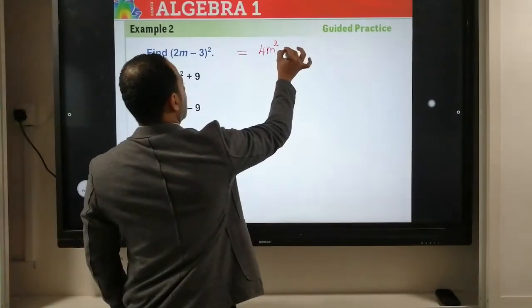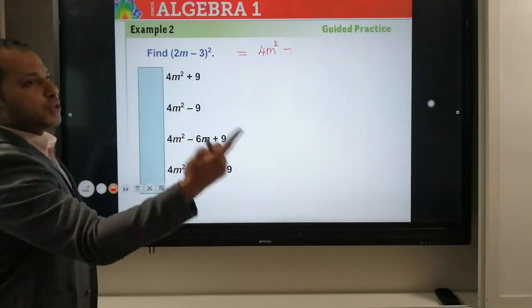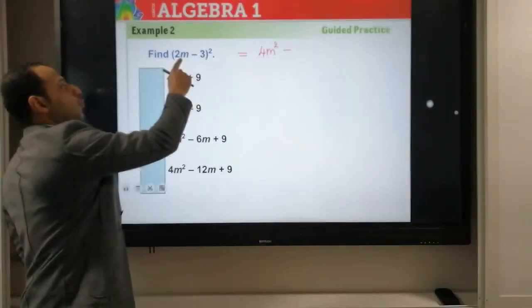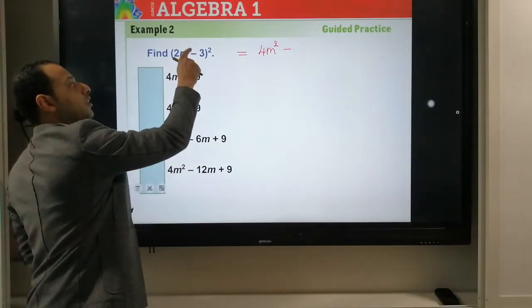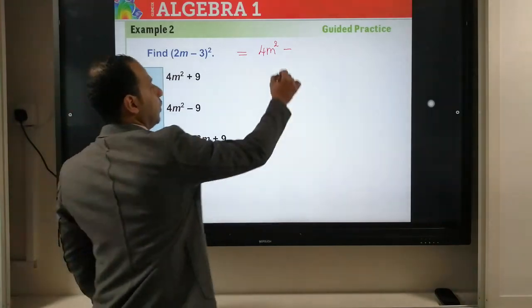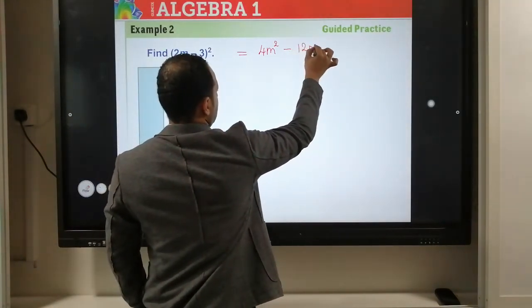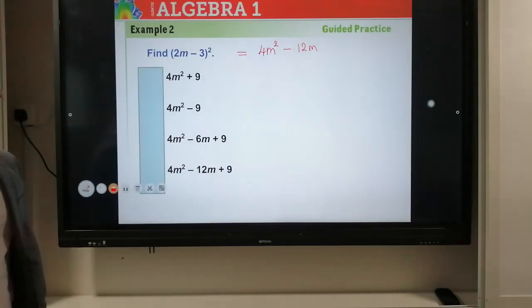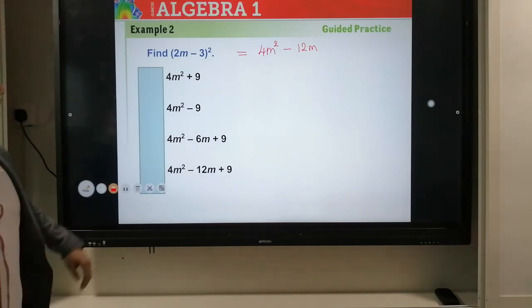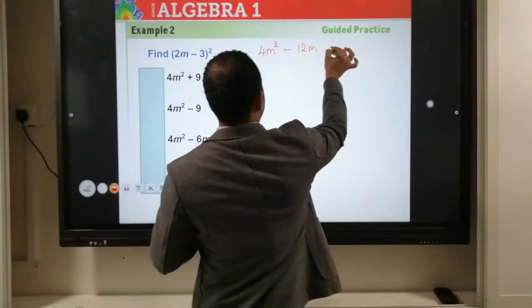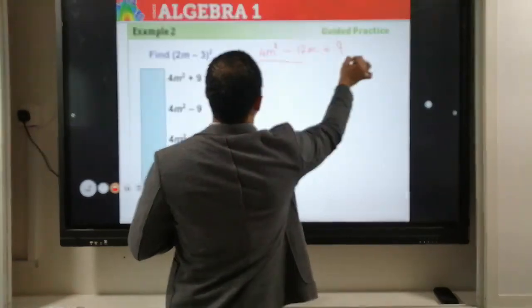Excellent. So negative 2 times first times second: 2 multiplied by 2 equals 4, multiplied by 3 equals 12. So 12m, as you said. And then, excellent, it's positive 9.